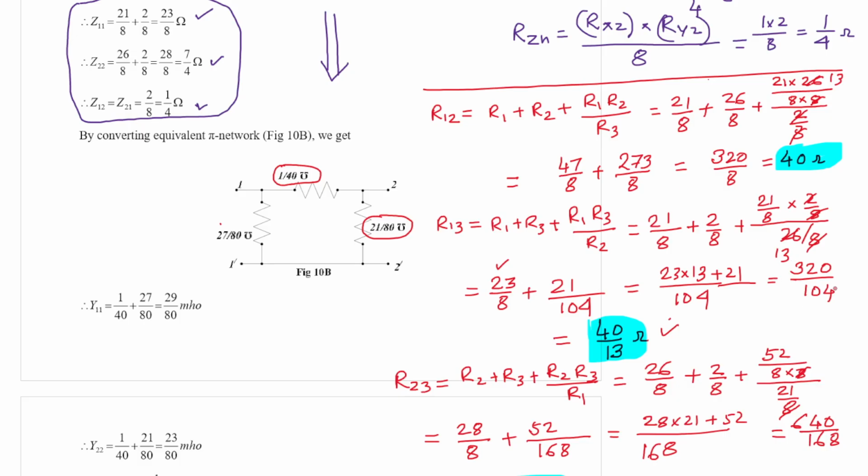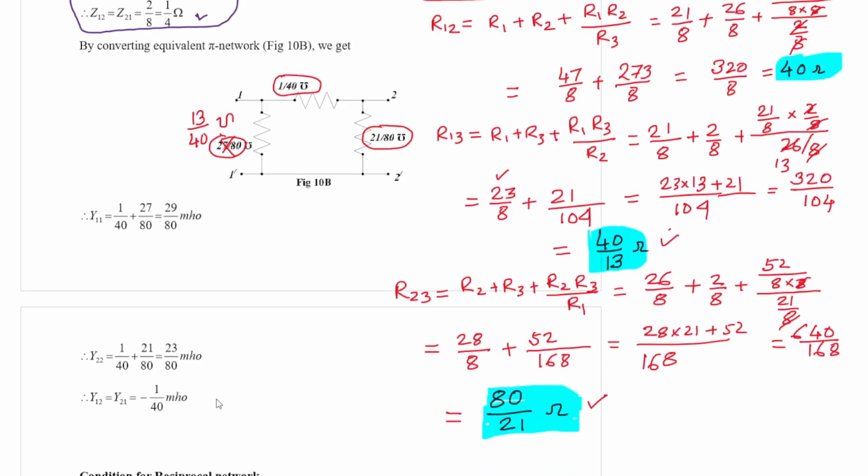If you cancel both the numerator and the denominator by 8, the numerator becomes 40 and the denominator becomes 13. So it is 40/13. So it is not 27/80. It should be, according to this calculation, 13/40 mho, right?